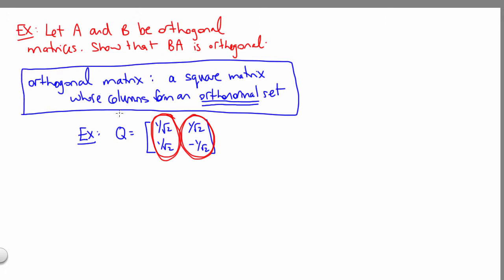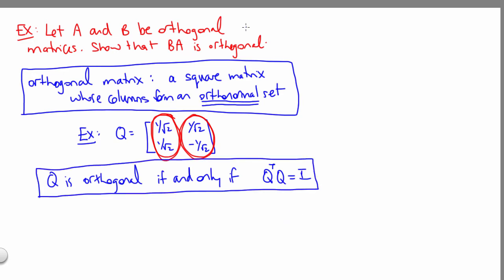But what we need is an algebraic way of expressing the fact that a matrix is orthogonal. So we're going to use the fact that a matrix Q is orthogonal if and only if Q transpose times Q is equal to the identity matrix. So going back to our problem, we're told that A and B are orthogonal matrices.